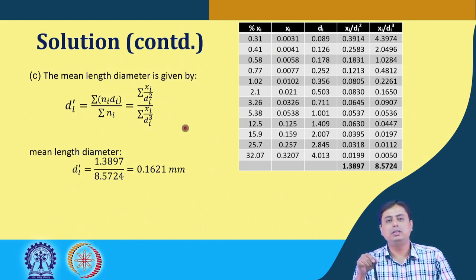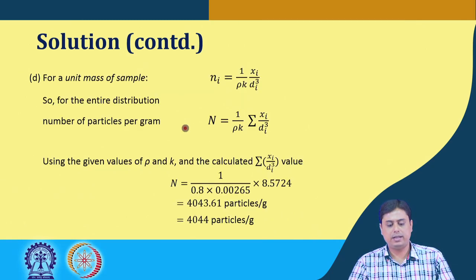So, I hope this example helps you understand this concept of finding the mean from a size distribution table, be it a mass distribution or a number distribution. And also you should be able to convert between the number and mass distribution for any given size distribution.